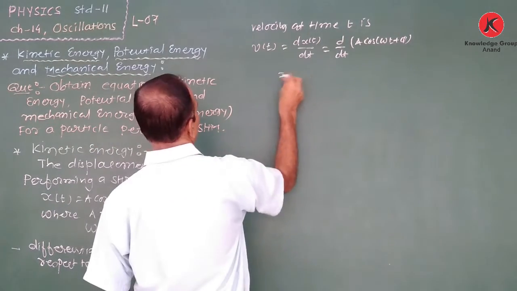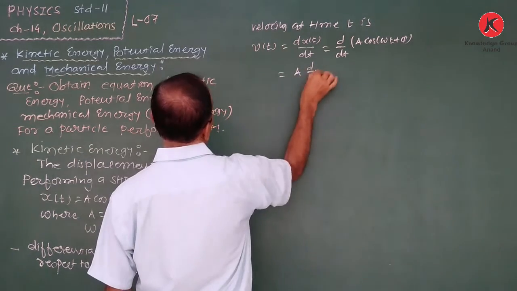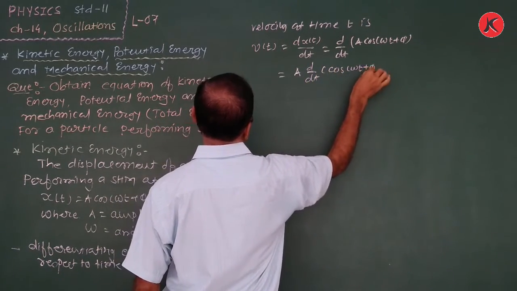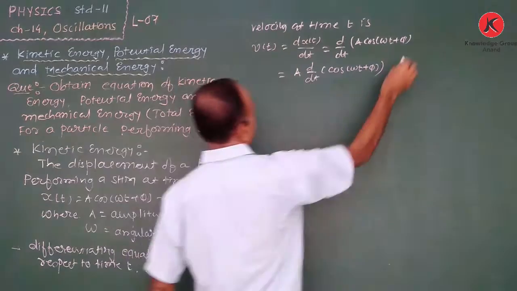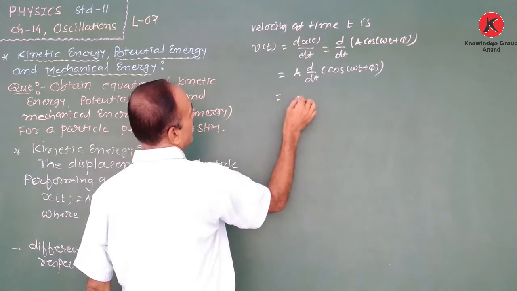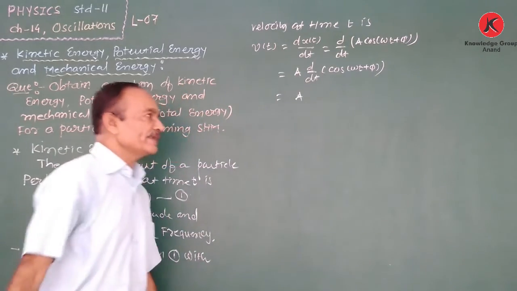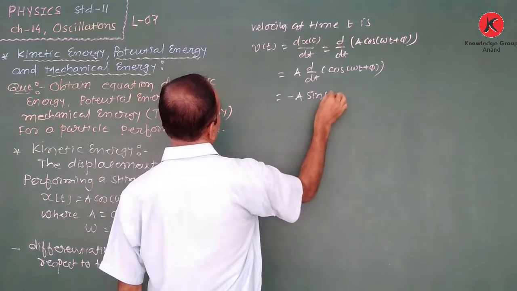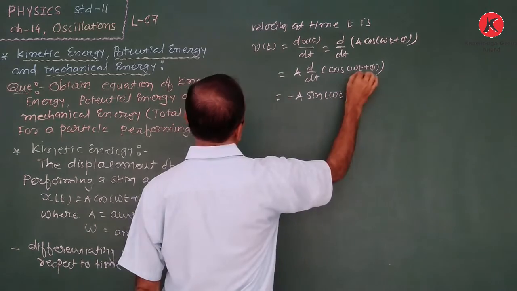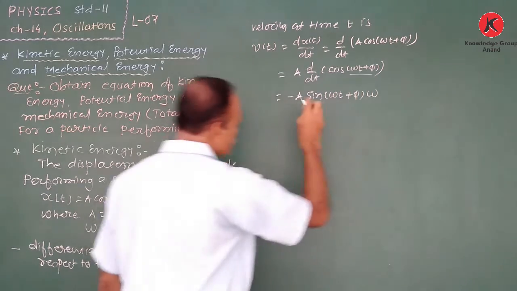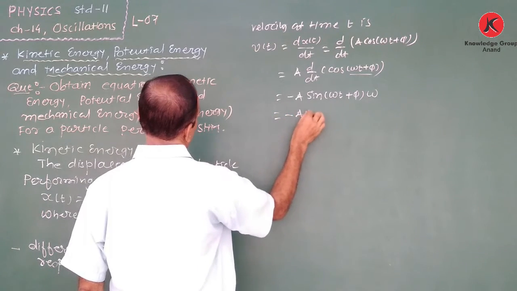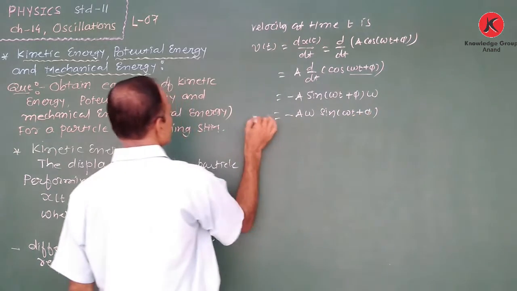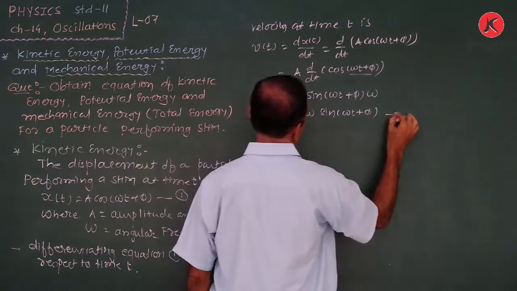A is constant, taken out, and the remaining is cos(omega t + phi). The derivative of cos(omega t + phi) is minus sin(omega t + phi), and the derivative of the bracket is omega. Therefore, v = minus A omega sin(omega t + phi). That is the velocity v, equation number 2.